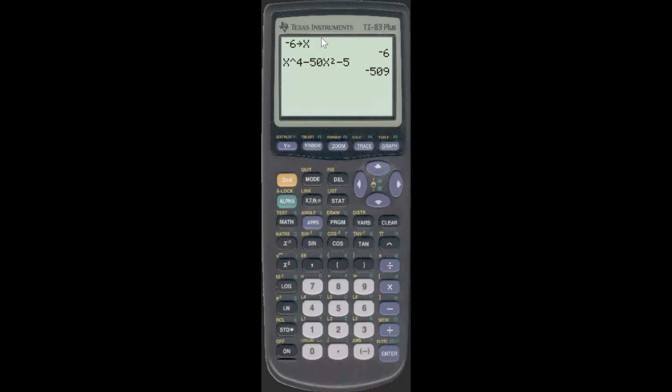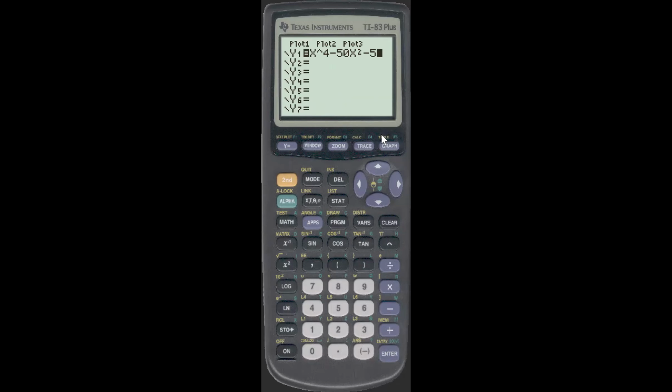Have you seen this before? Yeah, I think so. Okay. The other option is to put the function in for y1. And this is all to try and save time, for ease of calculation. You enter the function, you don't graph it.